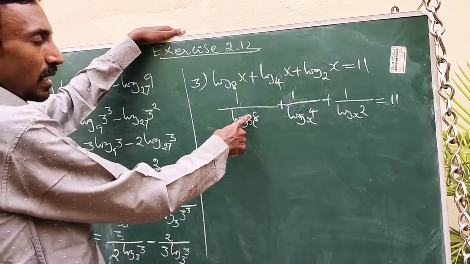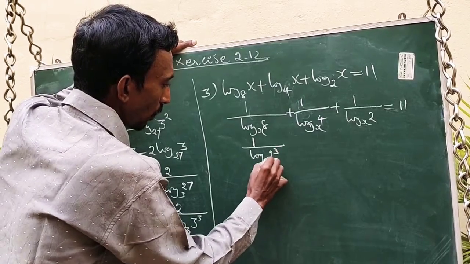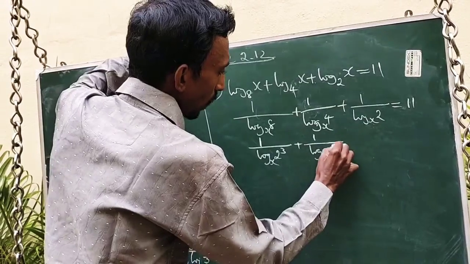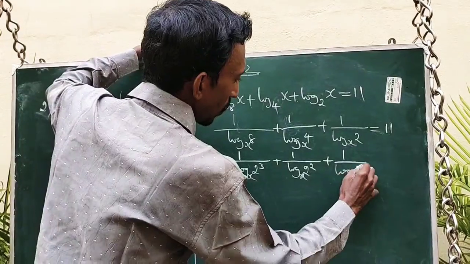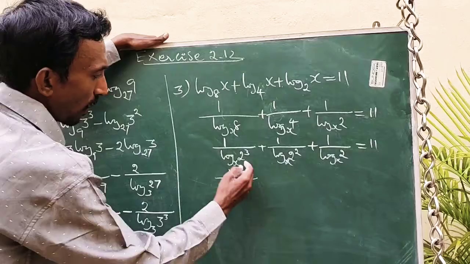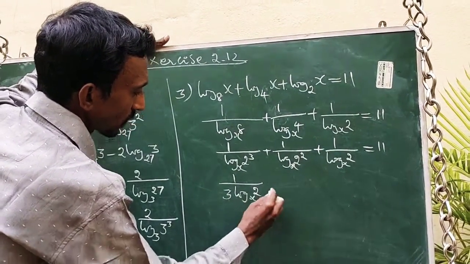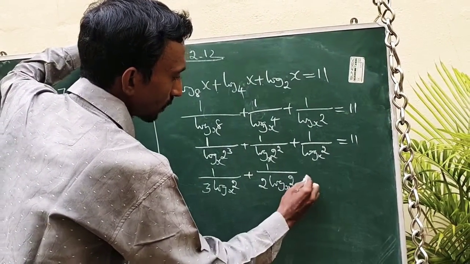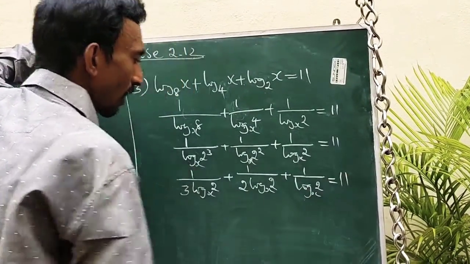So it can be written as 1 by log 2 cube base x plus 1 by log 2 square base x plus 1 by log 2 base x, no change. Apply the power rule. 3 into log 2 base x plus 1 by 2 into log 2 base x plus 1 by log 2 base x equal to 11.